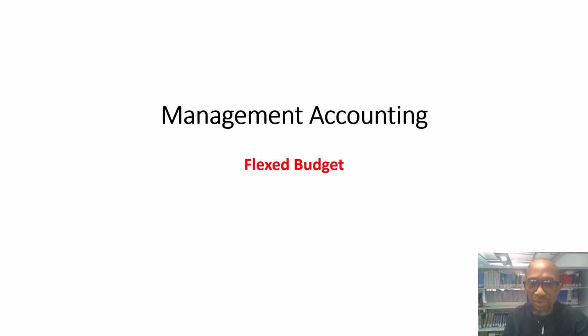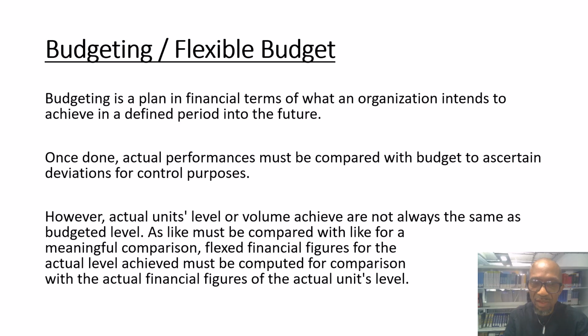Today we shall be going through flexible budgeting in management accounting, sometimes called flex budget. Budgeting itself is a plan in financial terms of what an organization intends to achieve in a defined period into the future. Once done, actual performances must be compared with budget to ascertain deviation for control purposes.